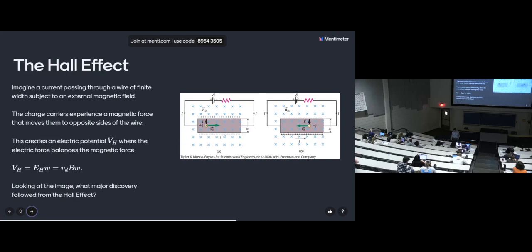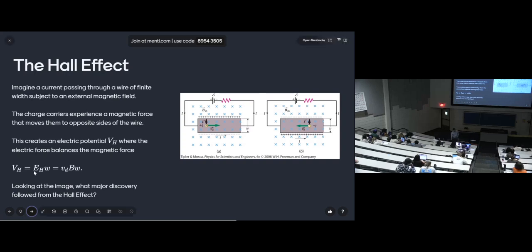So due to the external EMF, there is an electric field going from left to right in both figures, A and B. But in B, the reality, you would get an electric field from left to right and an additional electric field from bottom to top. So the net electric field is going to be up and to the right, ever so slightly pointed up due to the separation of charge here.